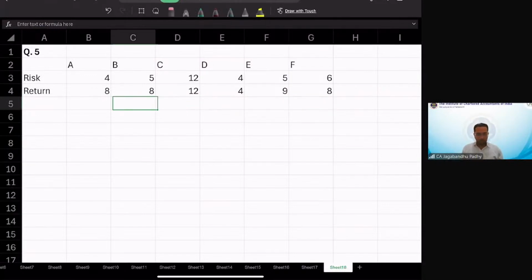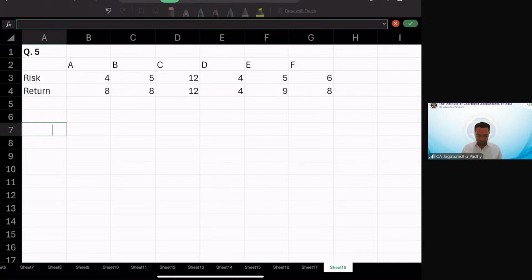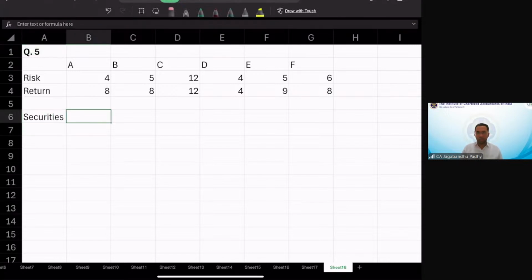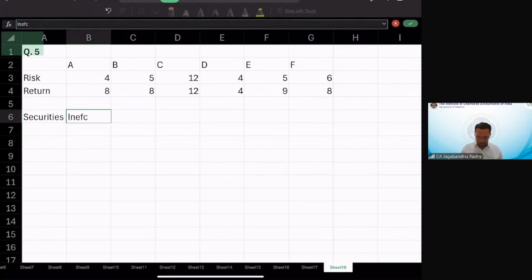Now we have to identify which of these securities are efficient and which are inefficient, right? So we'll write down the name of the securities, and then we will say it is inefficient to, and the reasoning for that.